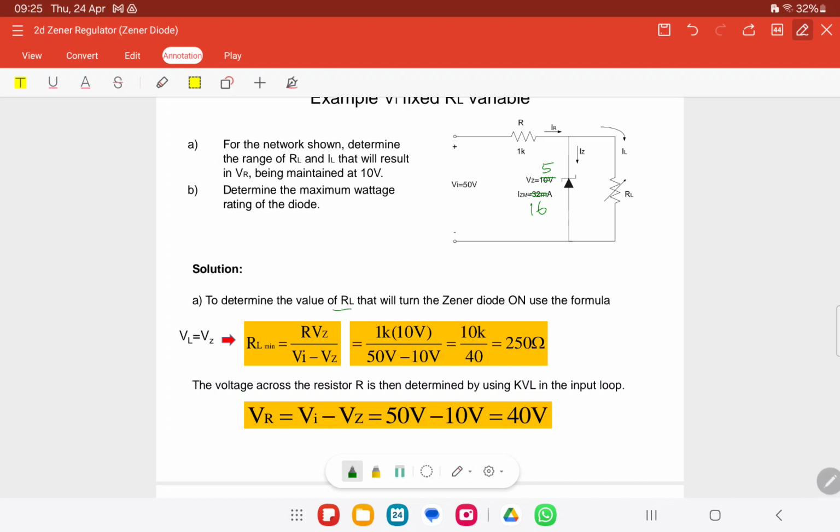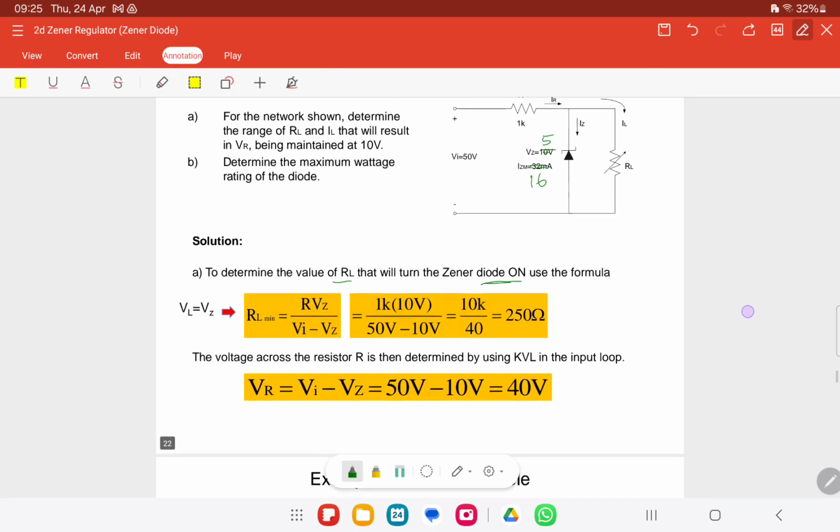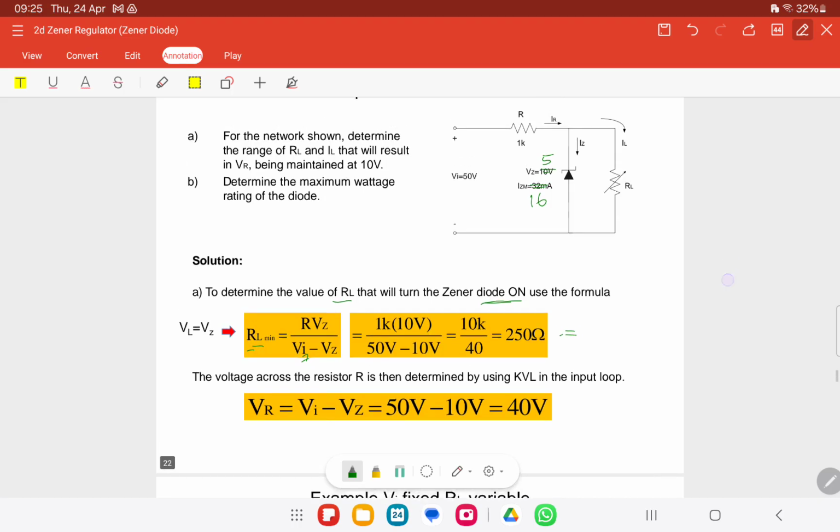To determine the value of RL, we assume the diode to be on. So first thing, we need to get the value of RL min using the voltage divider. Dia dapat kat sini what is the value when we change the voltage of VZ. What is the value you get here?